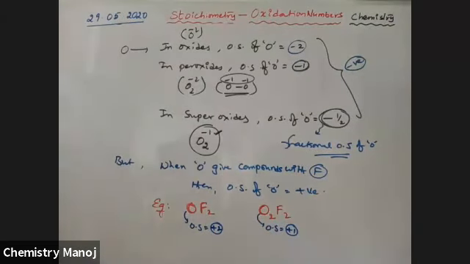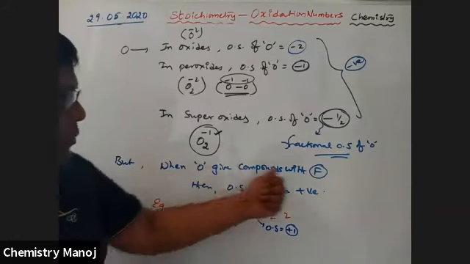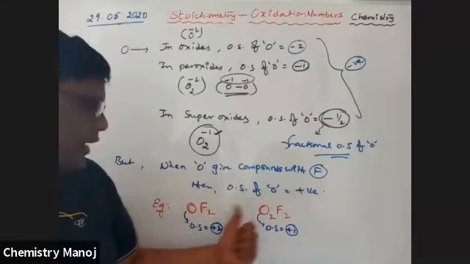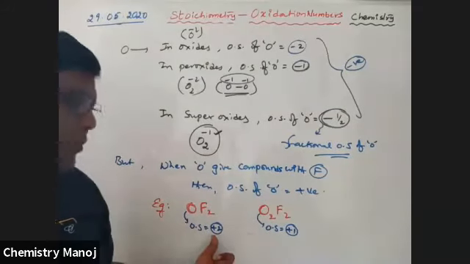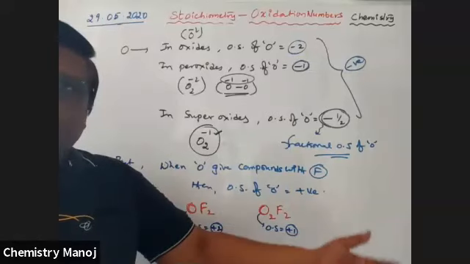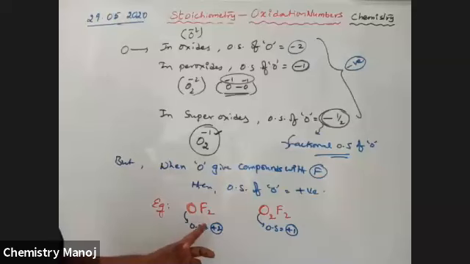Very, very important case, my dear boys. Even oxygen exhibits a positive oxidation state when it is combined with fluorine. Sir, why is it +2? Why +1? Later I am going to derive the values. Please wait.